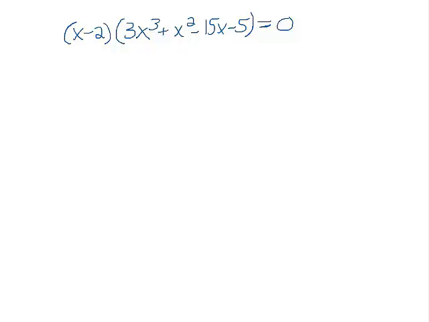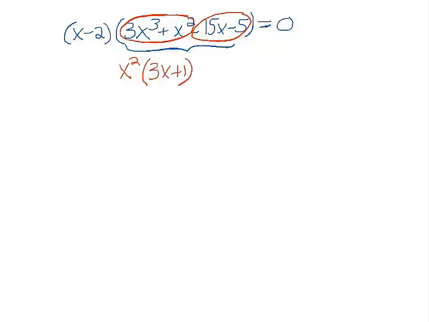I hope that you realize that this cubic is actually factorable by grouping. So I'm going to split it up into two groups that I like, this one and this one. All right. So the GCF of 3x cubed plus x squared is really x squared. That leaves behind a 3x plus 1.